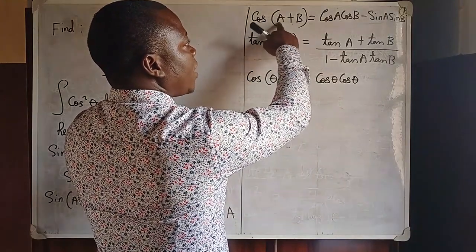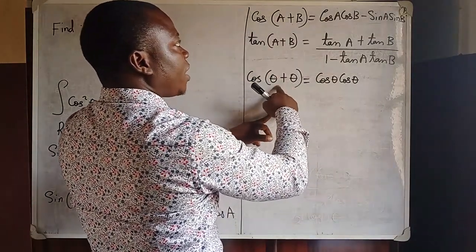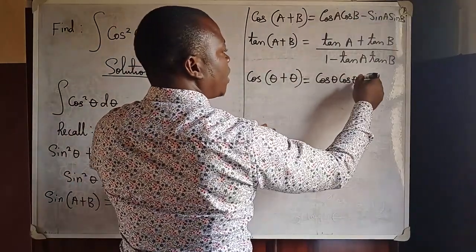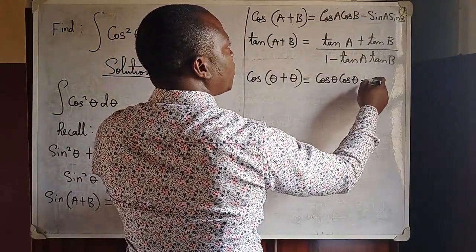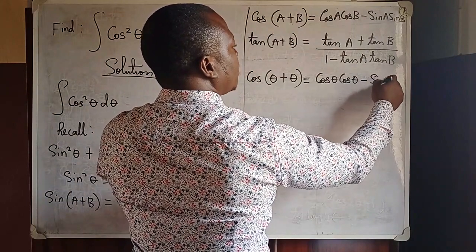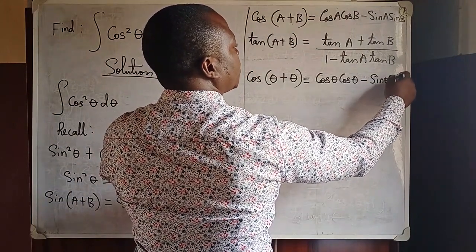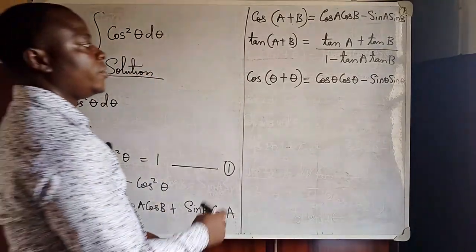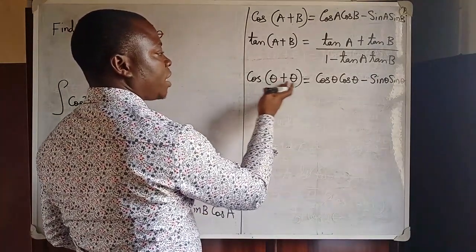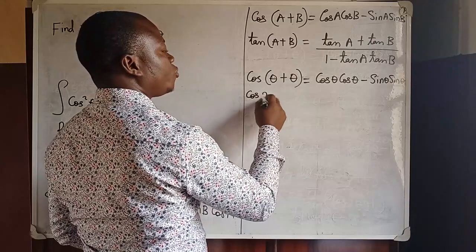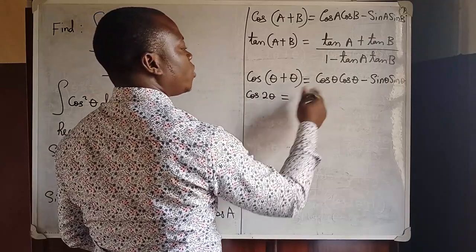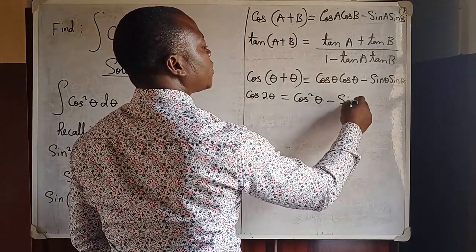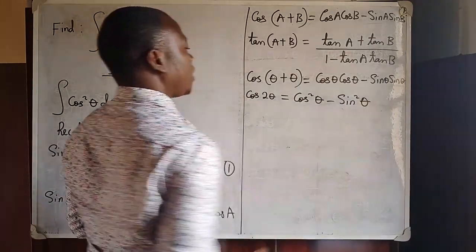Here it was A and B. So if you follow this formula, you are going to have minus sine theta sine theta. That's correct. And if you add this, theta plus theta is 2 theta, so cos 2 theta equals cos squared theta minus sine squared theta.